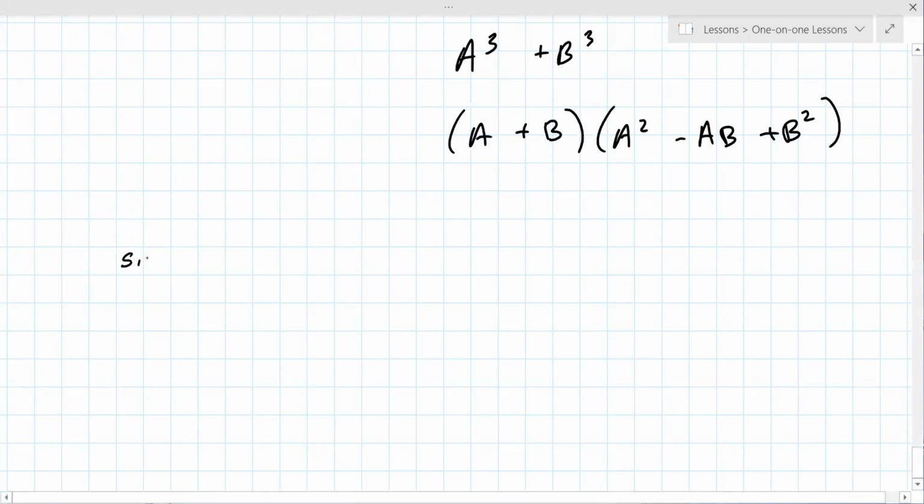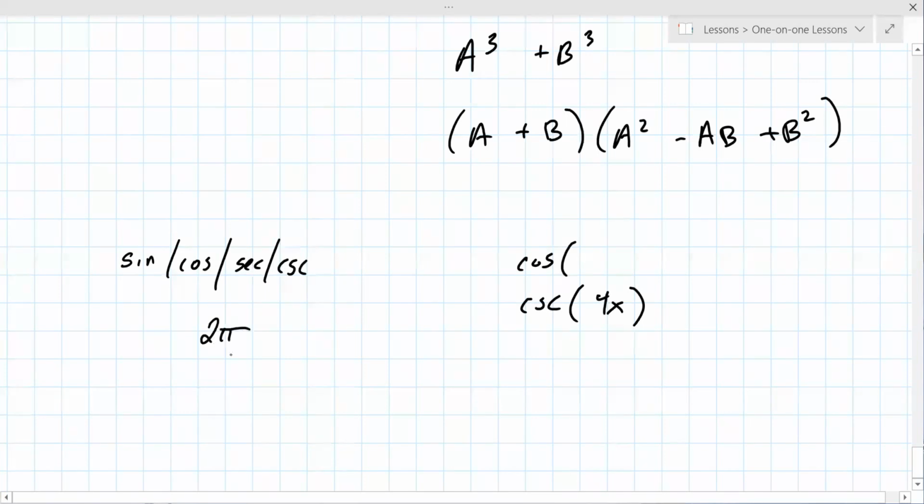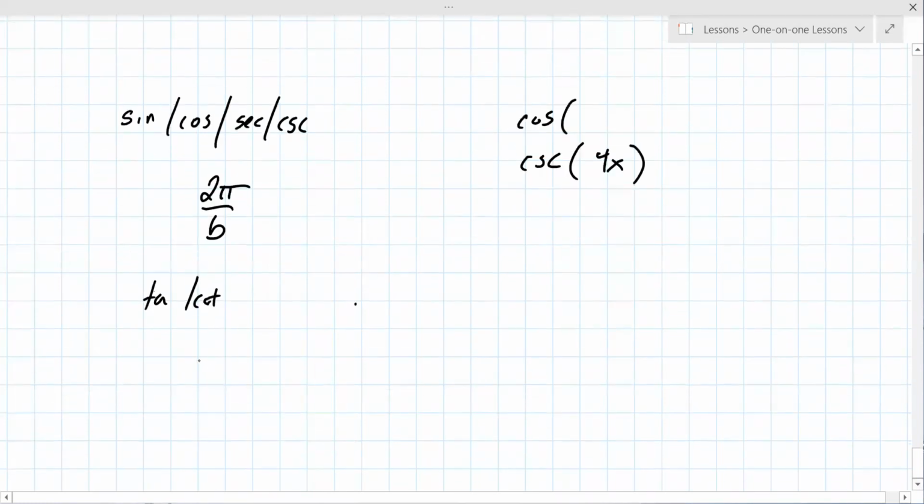So like, what is the period of the function f of x equals cosecant 4x? Sine, cosine, secant, cosecant are all related. They're 2 pi over b, but tangent and cotangent is pi over b. And b is the number in front of x. So in your problem, it's 2 pi over 4, which is pi over 2.